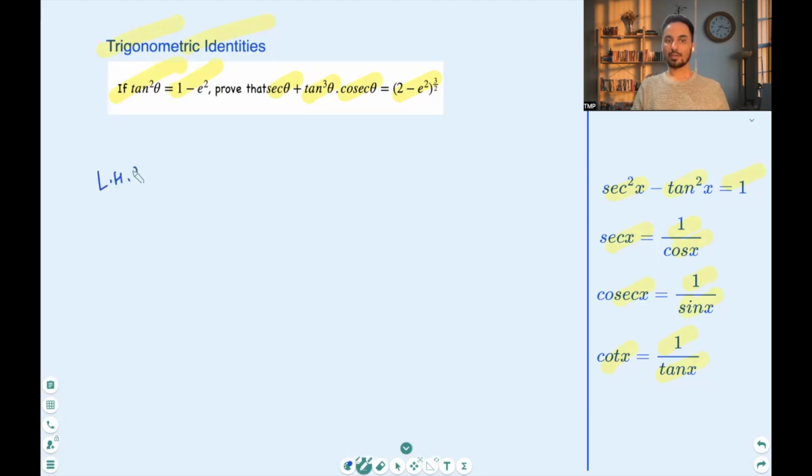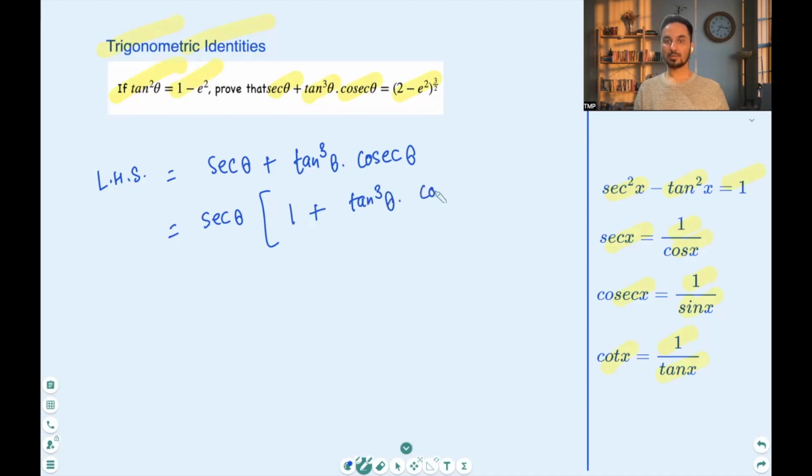Given that the left-hand side is sec theta plus tan cubed theta times cosec theta. If we take out sec theta common throughout, we can write sec theta times (1 plus tan cubed theta times cosec theta over sec theta).